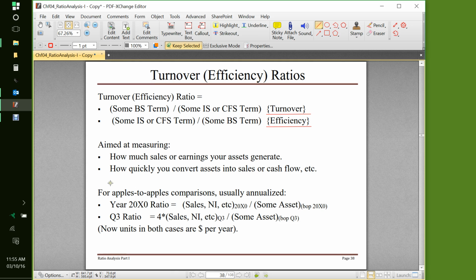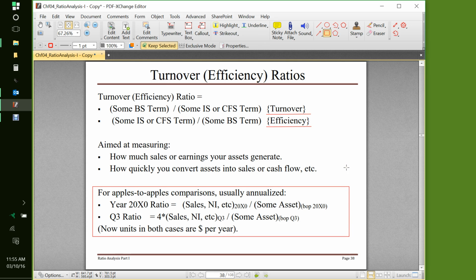Now we have a very important thing to think about that we haven't before. This is the first time we have looked at ratios with a flow term and a level term, i.e. an income statement or a cash flow statement term. That would be a flow term, in sales per quarter, sales per year, operating cash flow per quarter, operating cash flow per year are the units there.